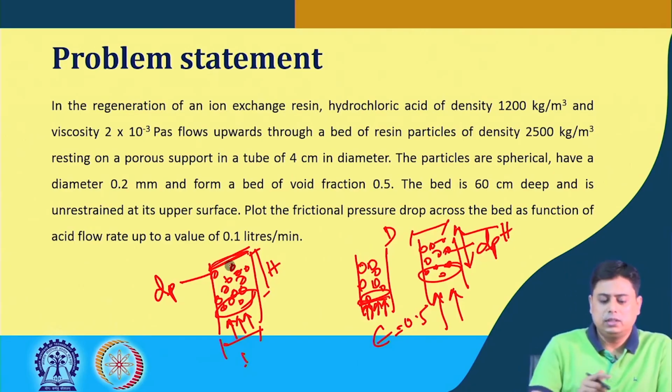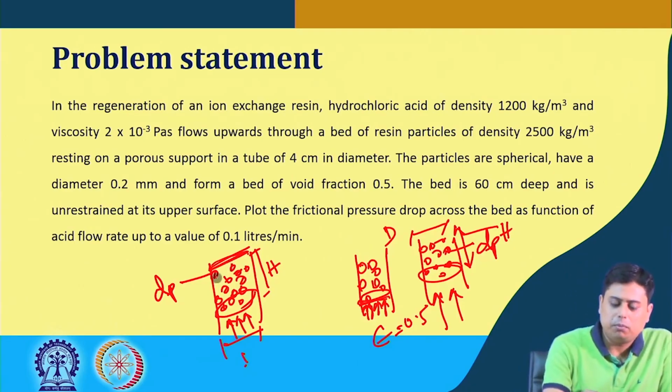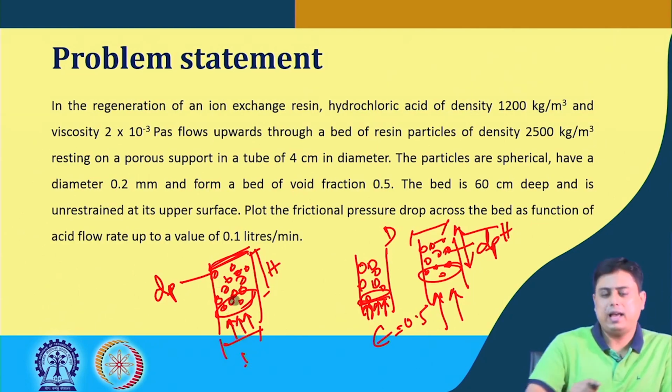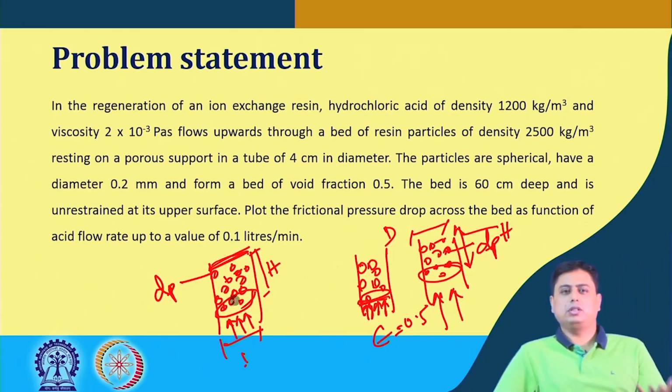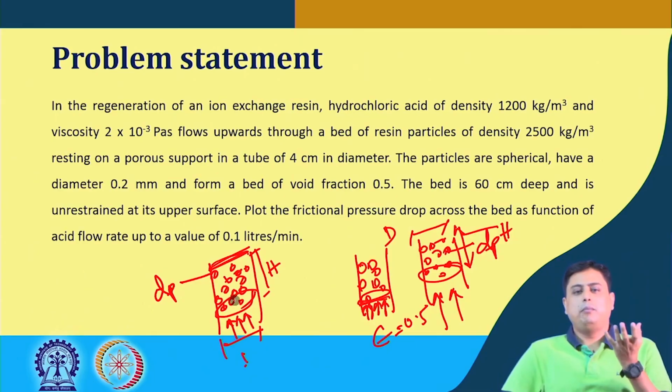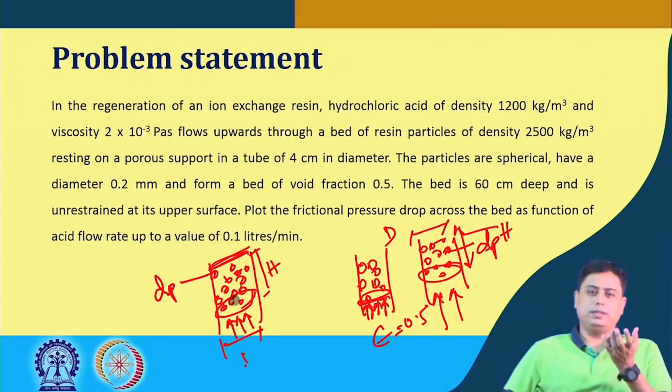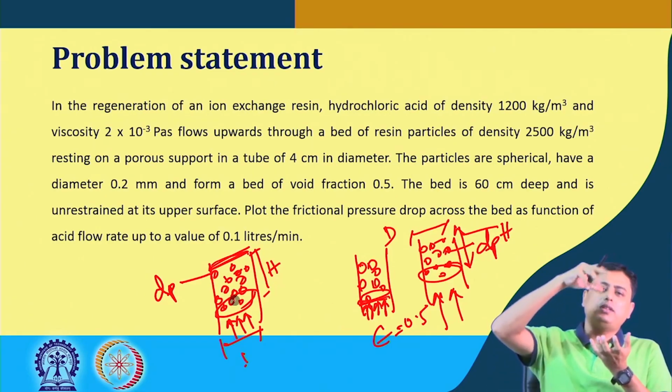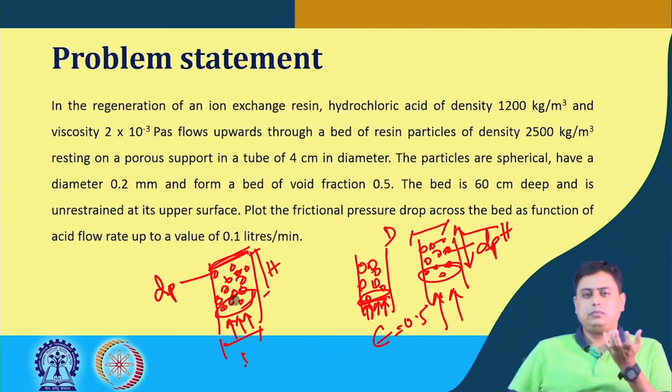Which means, if there is sufficient velocity of the hydrochloric acid, what will happen? Imagine the situation that you have a packed bed which is open to atmosphere, or let us say the top surface is open.